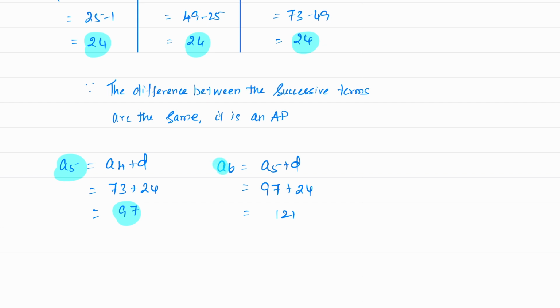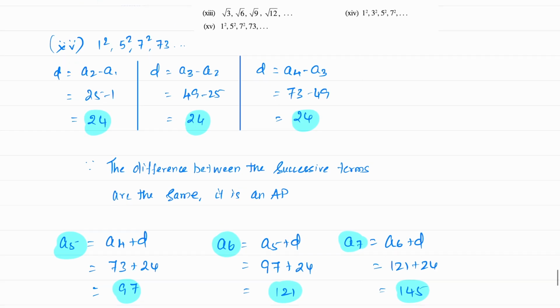So therefore A6 is 121 and A7 equals A6 plus D, which is equal to 121 plus 24, and this is 145. So these are the next three terms, and we can write the next three terms of the series.